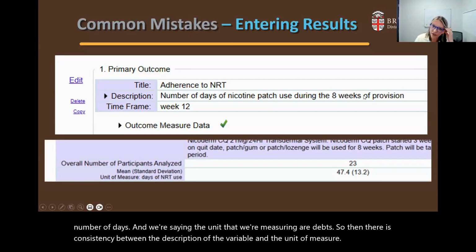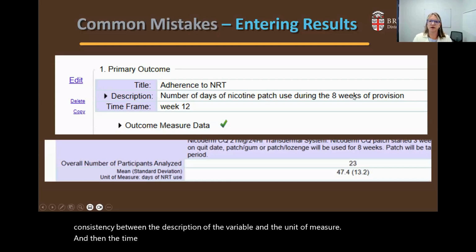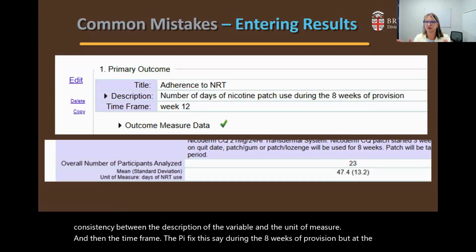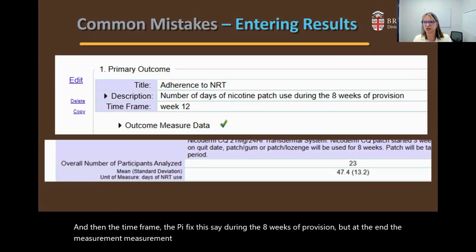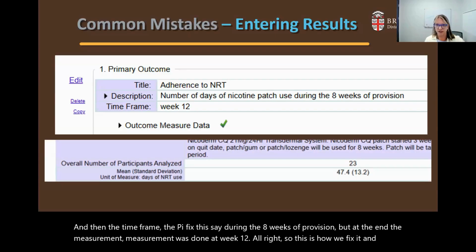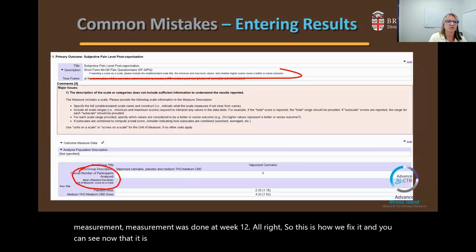And then for the time frame, the PI fixed this, saying during the 8 weeks of provision, but at the end, the measurement was done at week 12. All right, so this is how we fix it, and you can see now that it is more consistent.